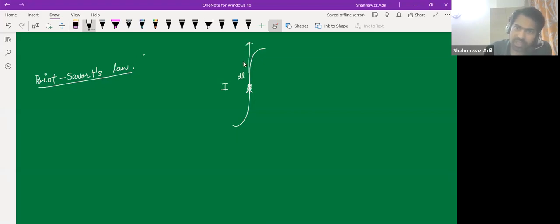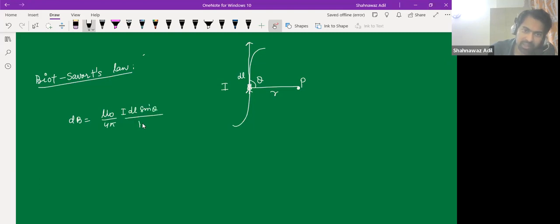This was dl, and we were calculating the magnetic field at this point P. And let's say this was theta. So Biot-Savart's law said that the small magnetic field at this point would be mu naught by 4 pi I dl sine theta divided by r square.